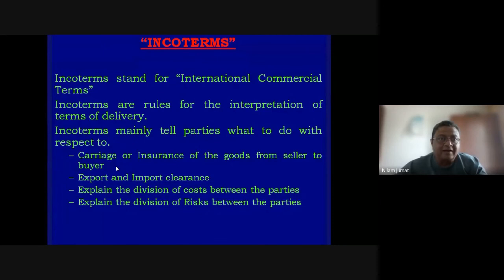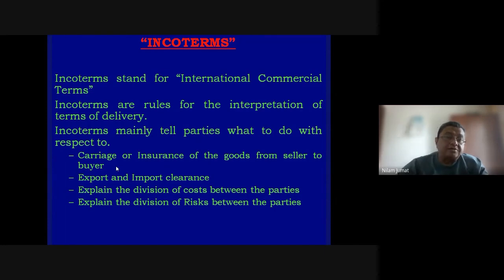Then when he puts it on the ship from Colombo to Jeddah, the captain asks a fee to take the goods to Jeddah. Who is going to pay that fee? That is known as freight. You call it freight or carriage, the cost of carriage is the cost of freight, both are the same. Carriage is you carrying it, or the cost of carrying.